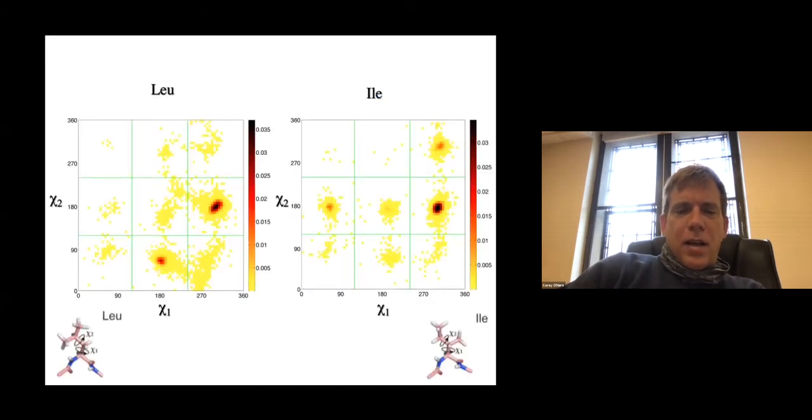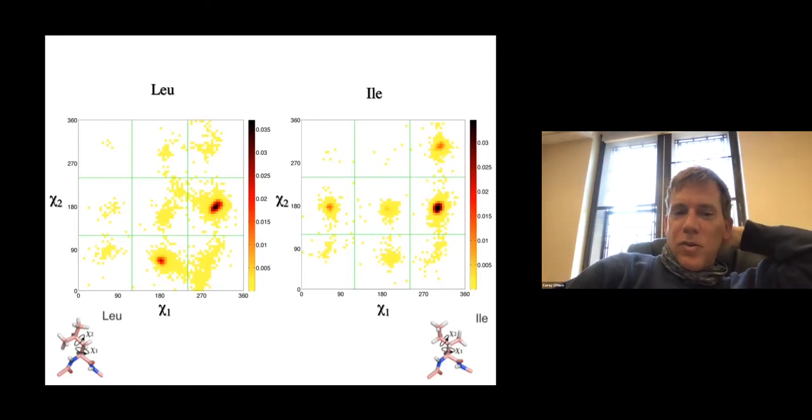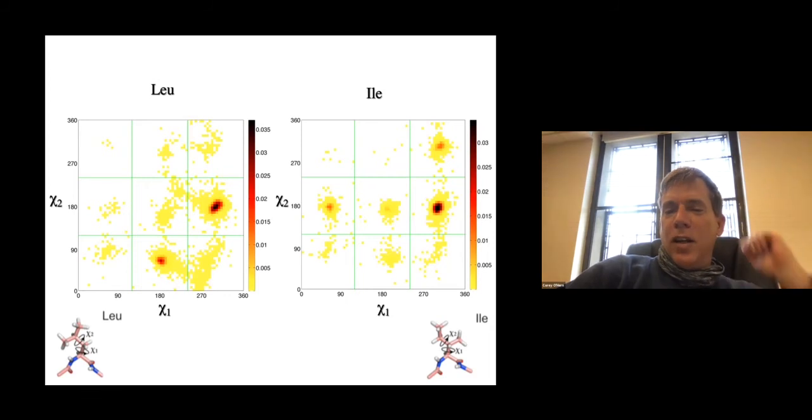And again, leucine and isoleucine have two side chain dihedral angles, and so 3 rotamers per side chain dihedral angle. So in principle, there can be 9 rotamers, but leucine tends to have 1 very highly populated rotamer and 2 weakly populated rotamers, and then isoleucine has 2 more equally probable rotamers of the 9.